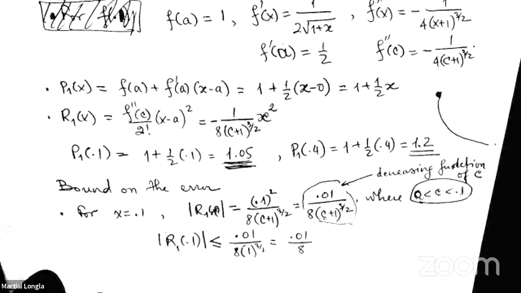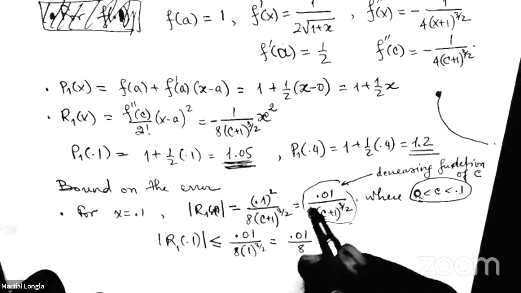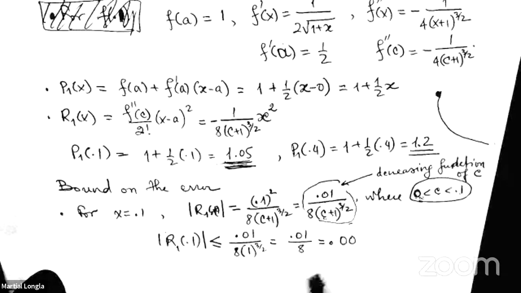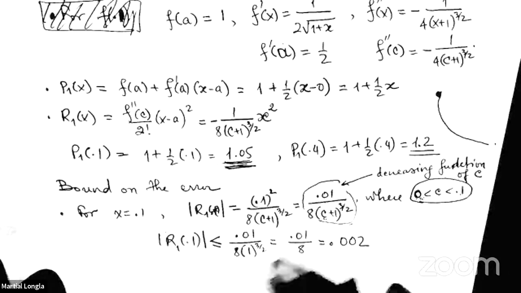If we divide this, what are we going to get? So this is almost 0.02. Round it to 2. It's not really up to 2, right?